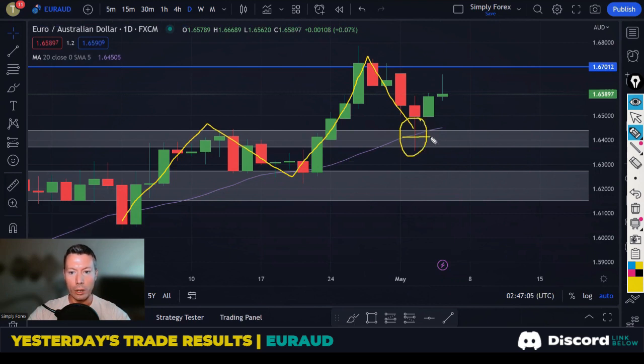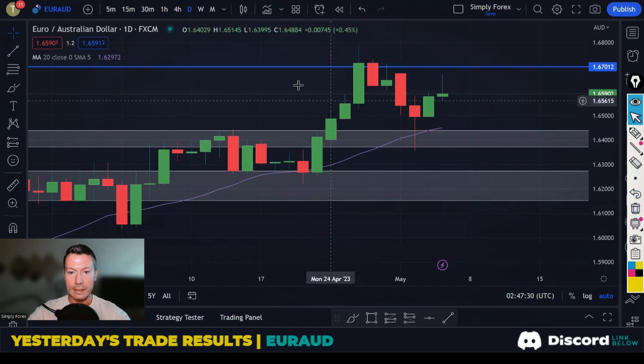Not only was it horizontal support, but we also had moving average as well. Yeah, I like this double combination of support. Yeah, so the idea was just to come back up and potentially take it back up to this level. And I still think we could get back up to this level, but we do have the euro interest rate decision.